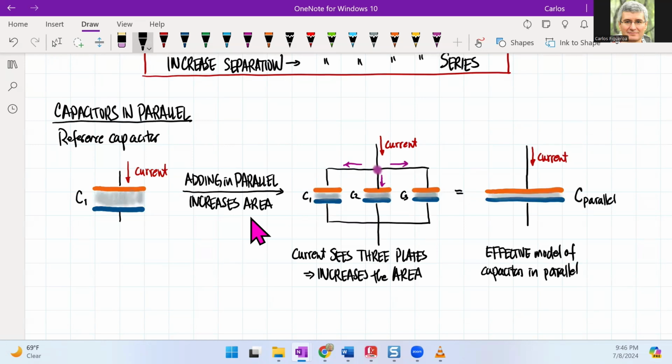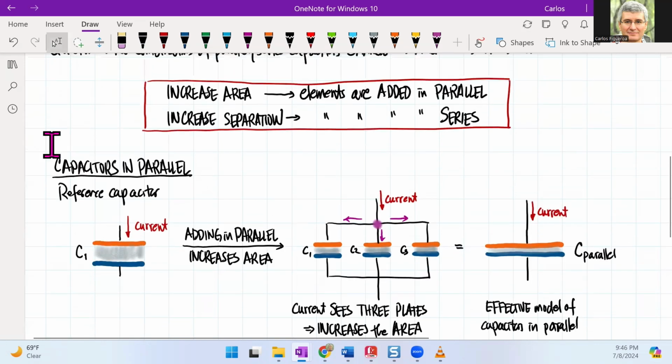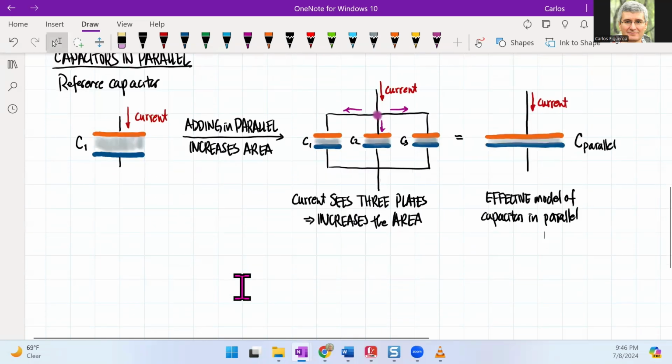So let's redraw this now. If I redraw this, what does it really say here? It says this.